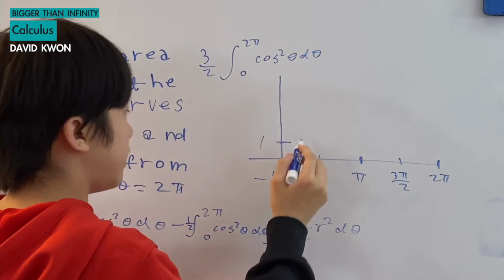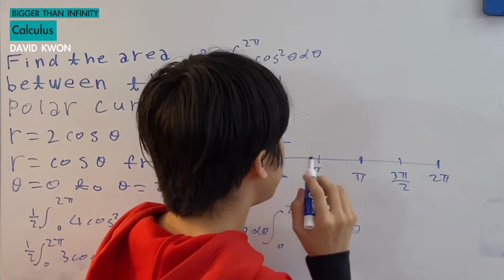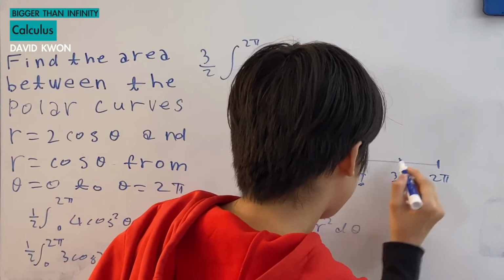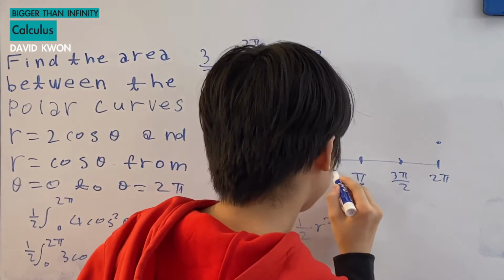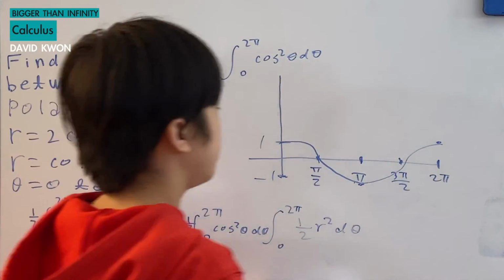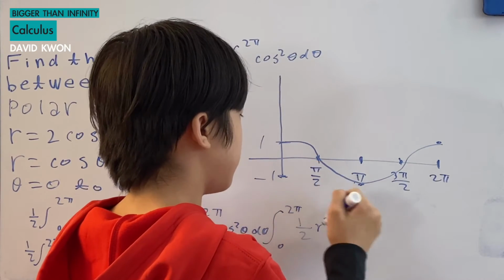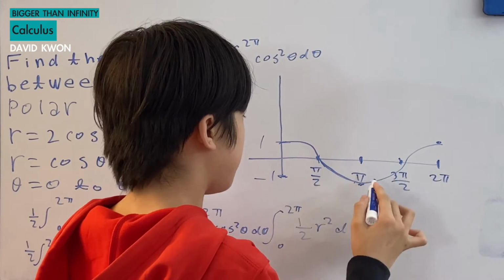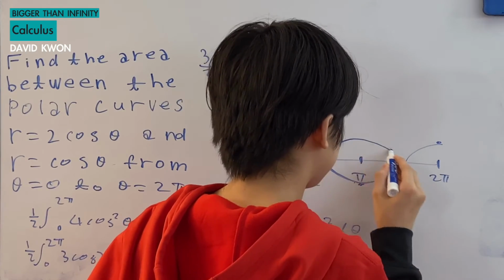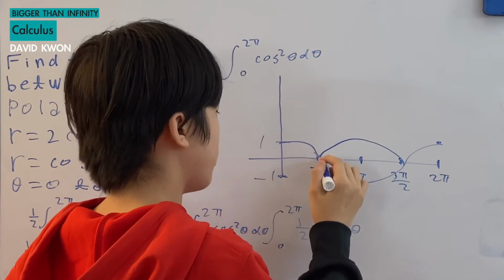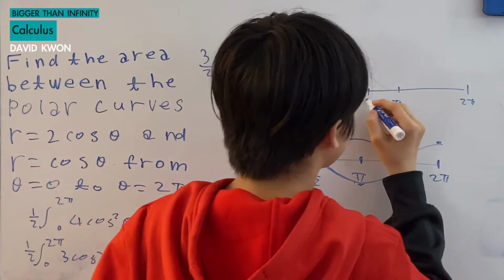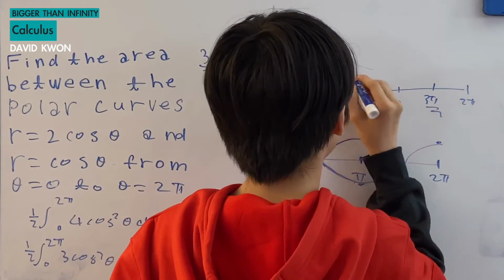Let's graph cosine squared theta. Cosine theta will look like this, but since everything is squared, there is no negative value. They all come up like this, but it won't have a sharp point edge here.